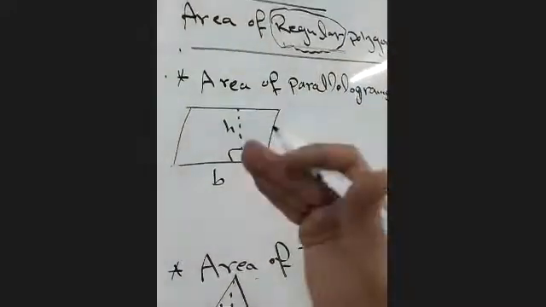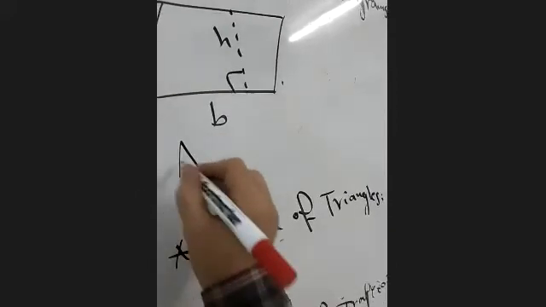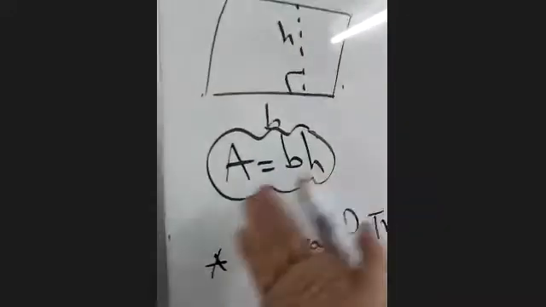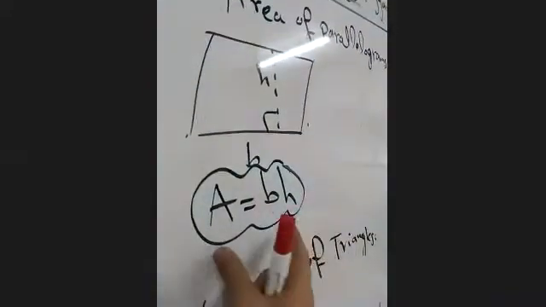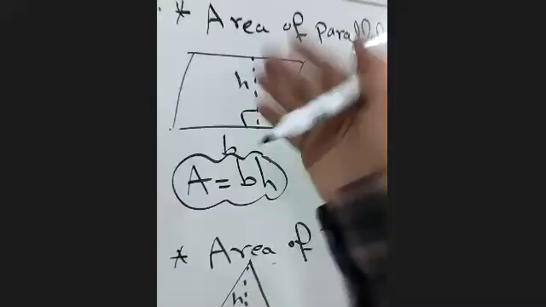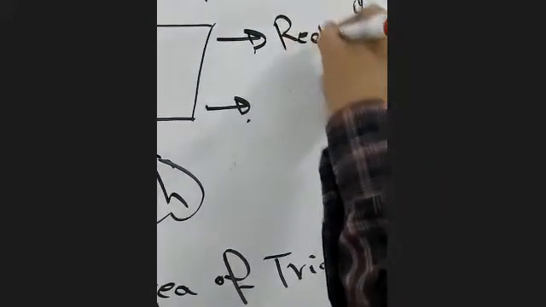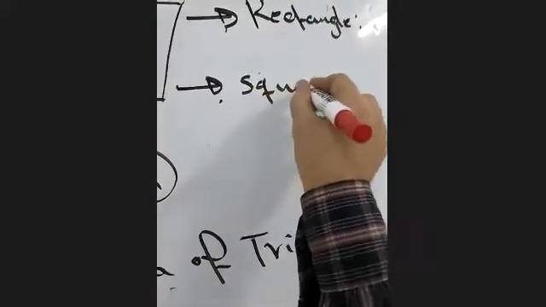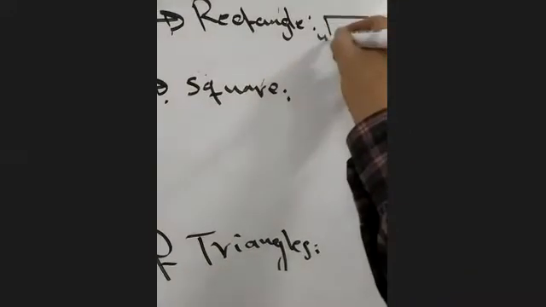Now, we took area of parallelograms. We said the area of the parallelogram A equals BH. Remember its formula? BH means base multiplied by height. So if you have a parallelogram, use this formula to find the area. But inside the parallelogram, we have two special cases, guys: rectangle and square. The rectangle has length and width.